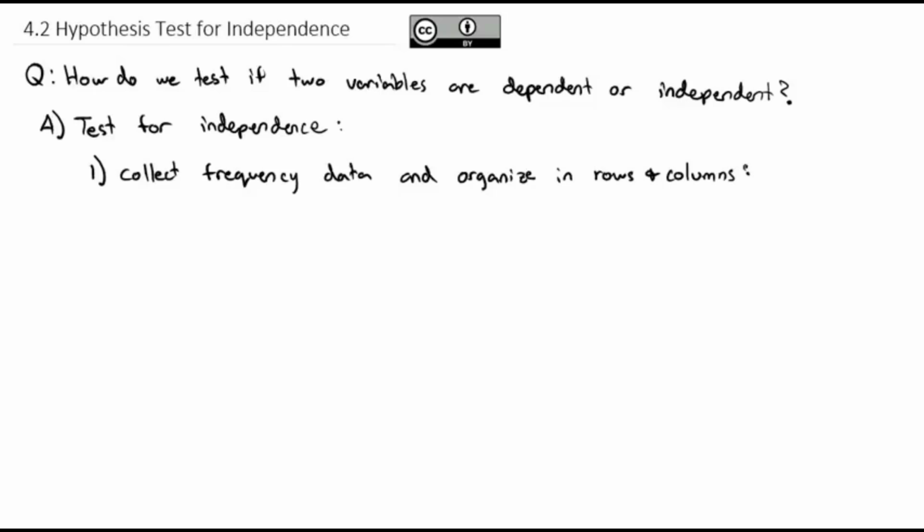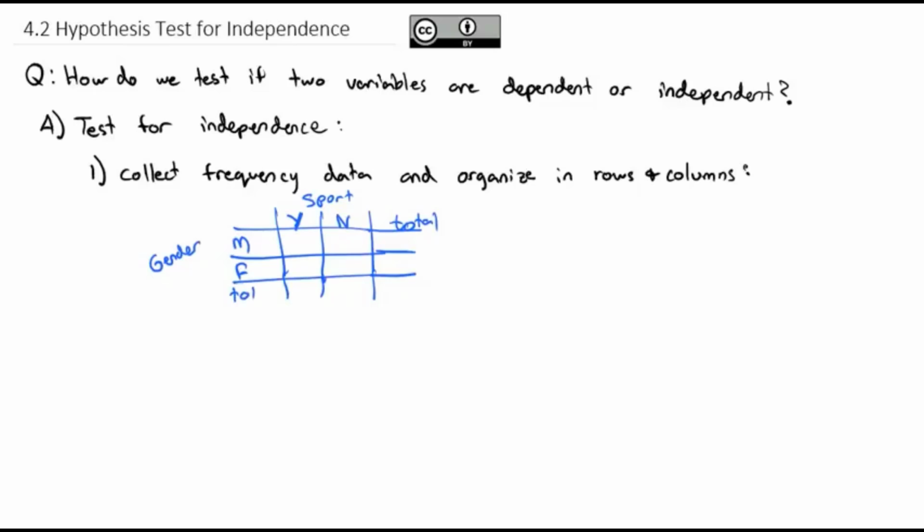For example, we might compare gender, male, female, to whether or not you played sports in high school, yes or no. And this will generate a table where we'll enter how many yeses, how many nos for each gender. We'll probably also have a column for totals and a row for totals. And then off this contingency table, we will see if playing sports is dependent or independent on gender.